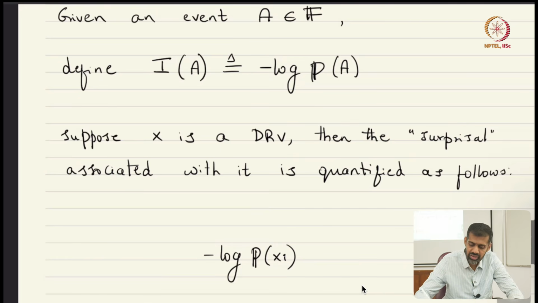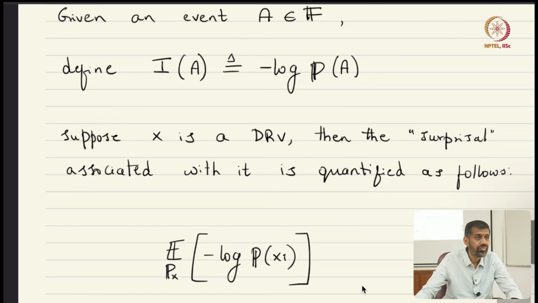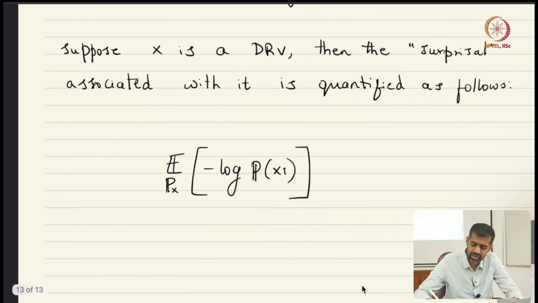Okay. So now what is the notion of average in terms of probability theory? You take the expectation. So you look at the expected value of this particular function with respect to distribution px. So this is the average information that is contained in a distribution px. Because it is a discrete random variable, this is given by a summation over i.